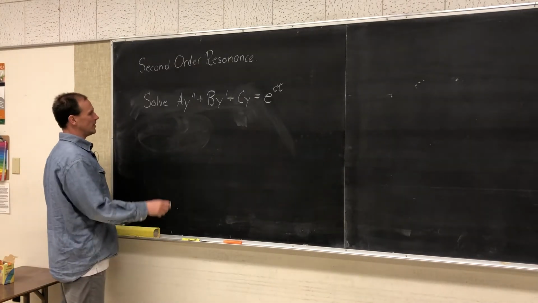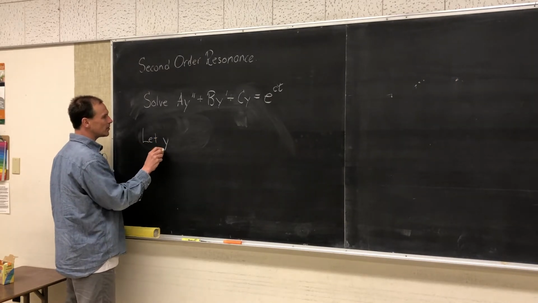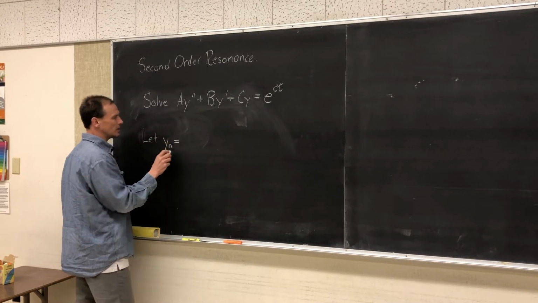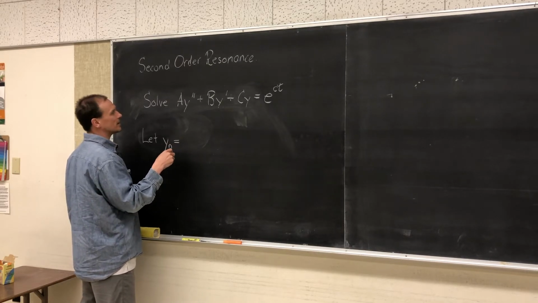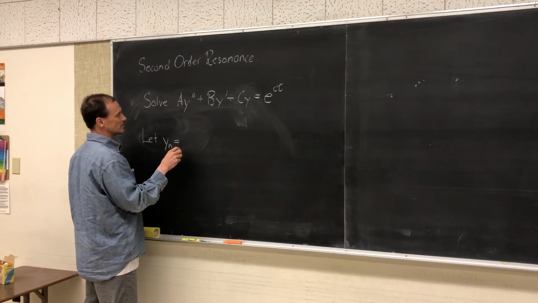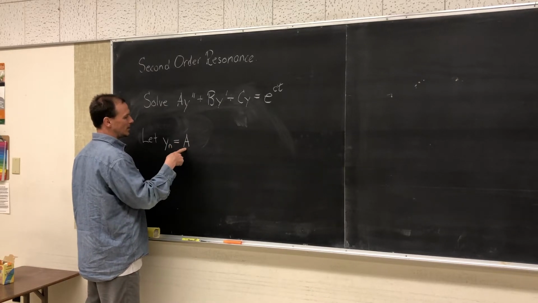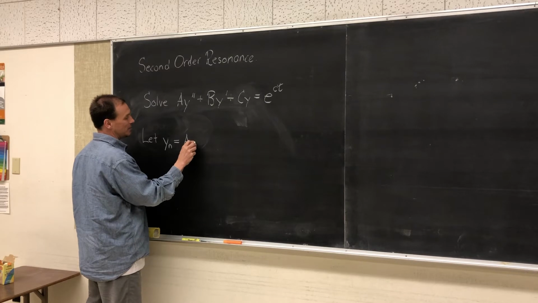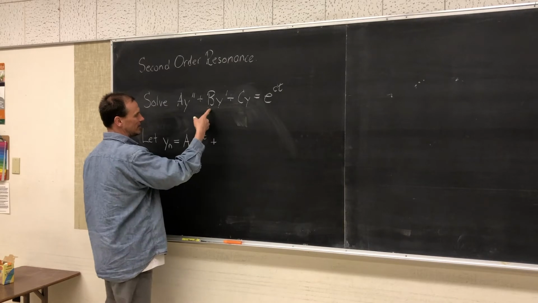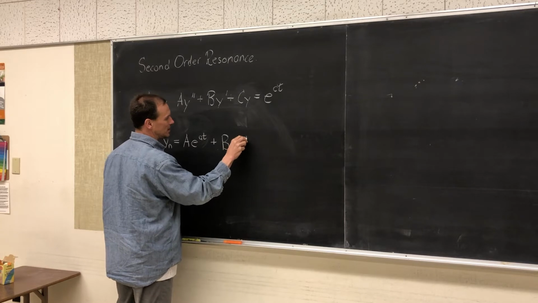So what we're going to do is not actually work on solving this, because we know that our solution is of the form, we need a different letter, how about, okay, this a here is not that a, but we're going to need A e to the at plus, it's not that b, but B e to the bt.